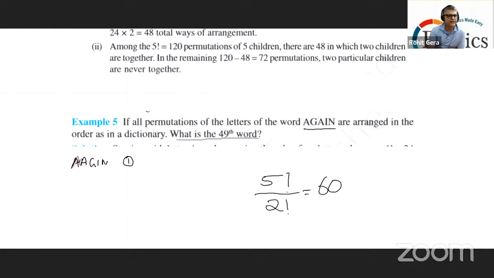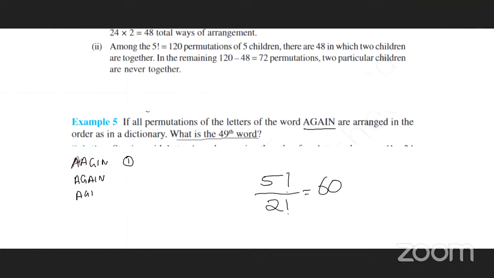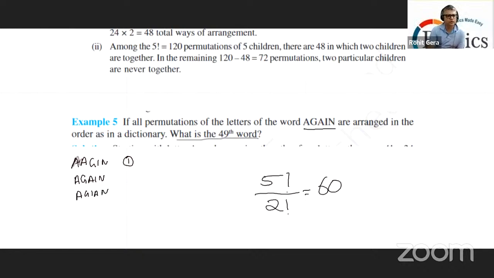Then if you go by the dictionary, it will be A-G-A-I-N. Then A-G-I-A-N. There is no actual word, but it says they can be arranged in a dictionary.